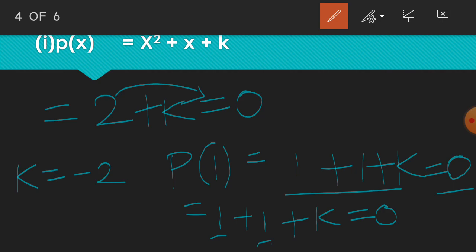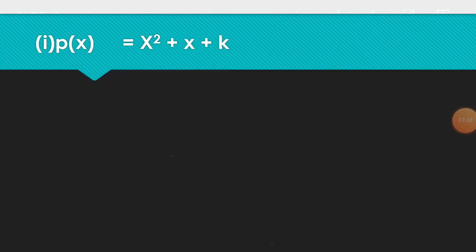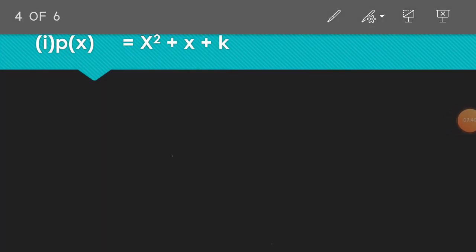Okay, let us see one more example. Now p of x equal to 2x square plus kx plus 2. Now again the same, x minus 1 is the factor. So the same factor is given for 3 problems.